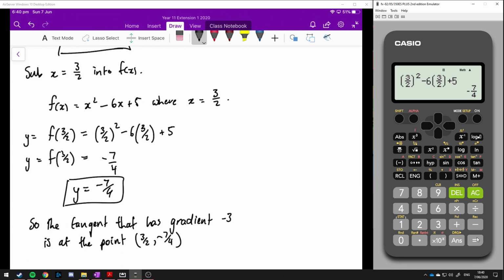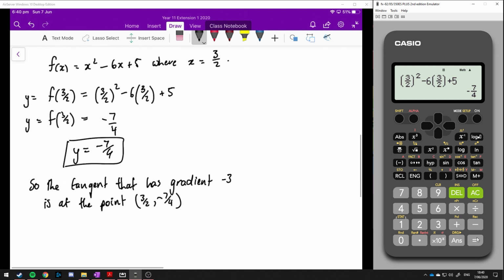Okay, so if we had the graph of x squared minus 6x plus 5, and we looked at the point 3 over 2, comma, -7 over 4, and we drew the tangent along there, that tangent at that point would have exactly gradient -3.